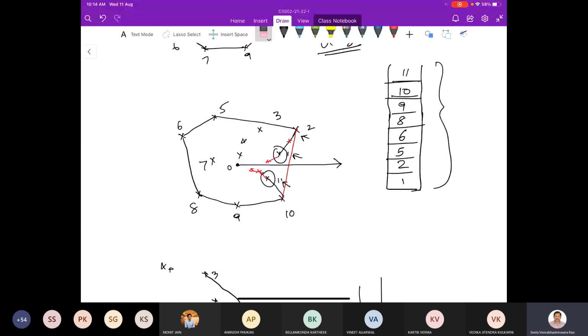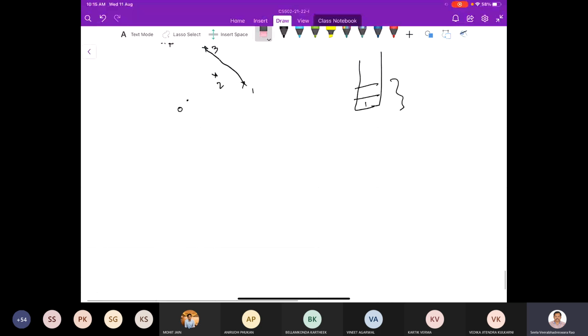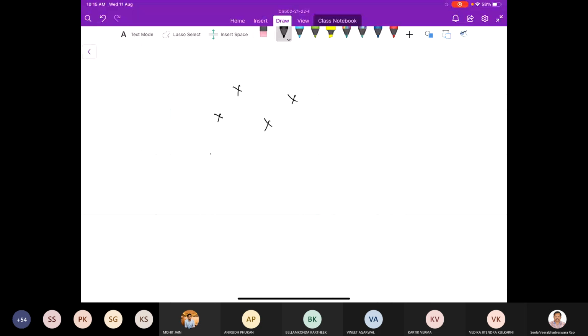So the solution is to take any one of them as the origin and sort the points with respect to that point in angular order with respect to the positive x-axis. Here we'll take the case where we use the bottommost point as the starting point. This is the bottommost point, and this is the positive x direction.